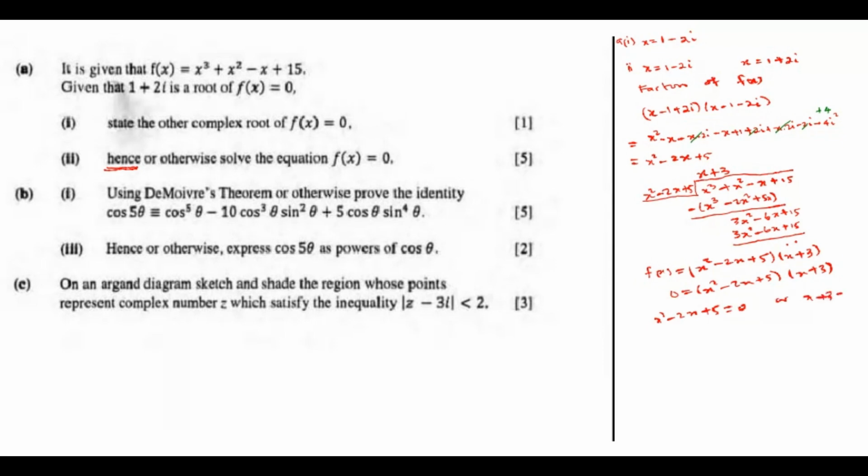So it will therefore mean that, because of the roots of this one, you can use the quadratic formula, but we already have the solutions for this one. So x equals 1 plus 2i, or x is equal to 1 minus 2i, or x is equal to minus 3. So these become our solutions.